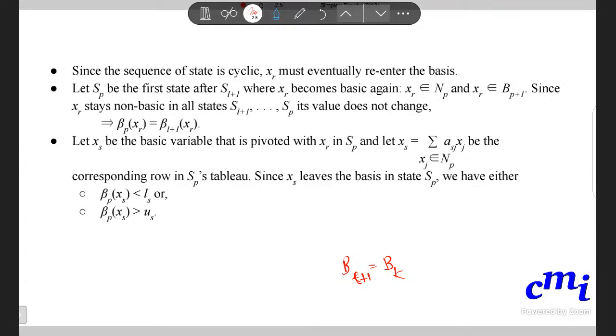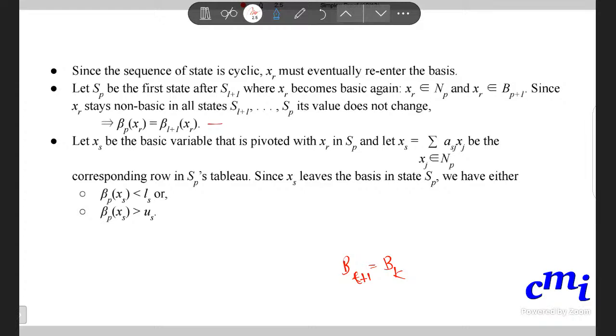So beta P of XR is equal to beta L plus 1 of XR.